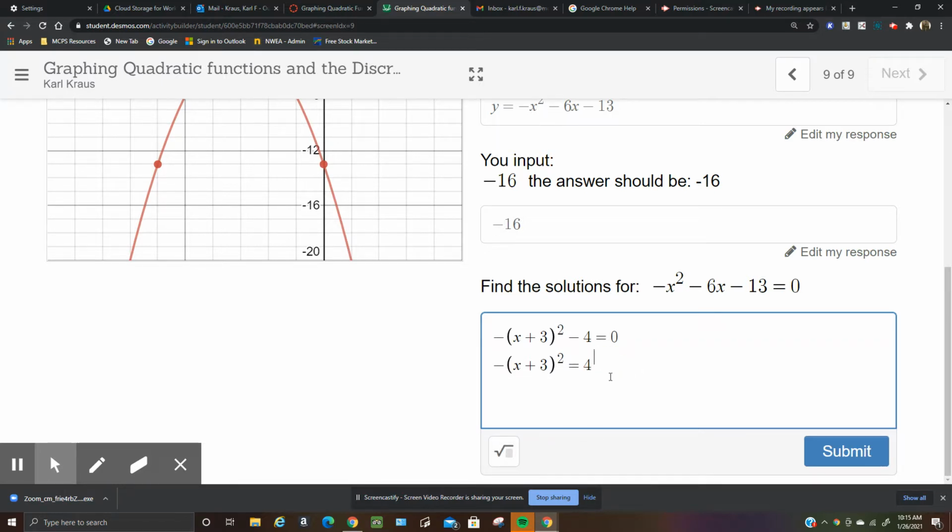And then divide by -1. Take the square root of both sides.